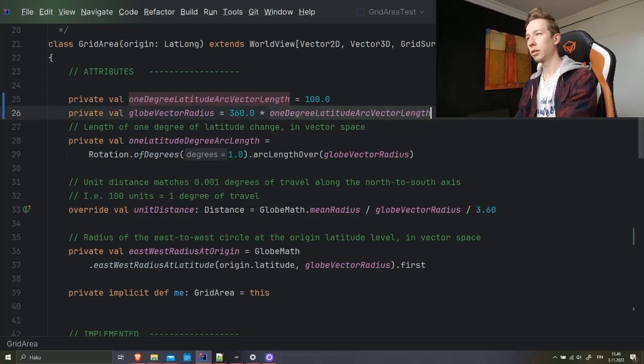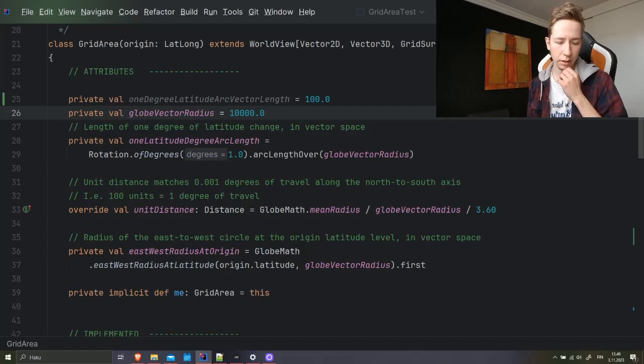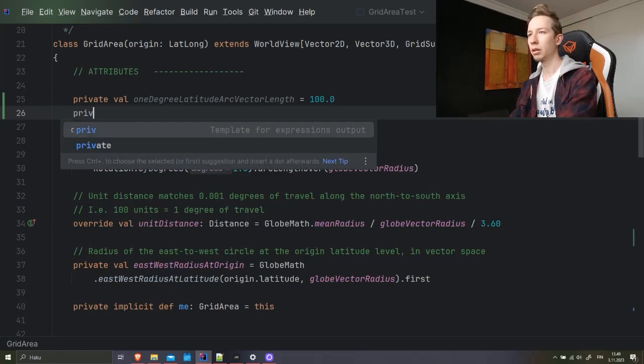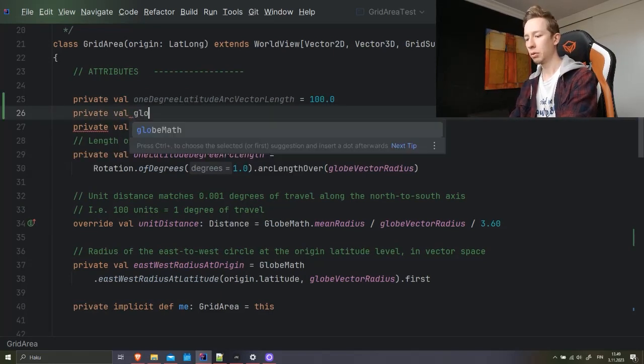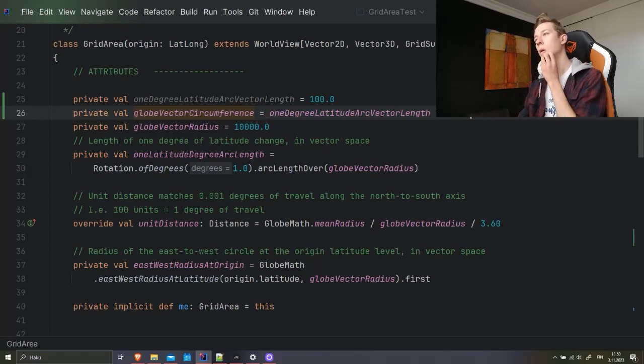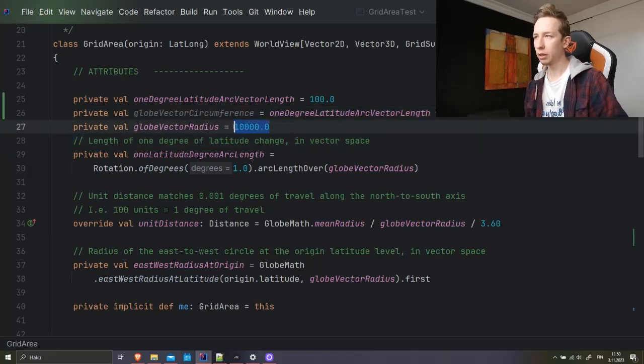No, radius. Okay, that's different than the circumference. But let's still add a value for the circumference as well. While we're at it, globe vector circumference equals 360 times that value. And then from this circumference we get the radius: if circumference is 2 pi r, then r is circumference divided by 2 pi.